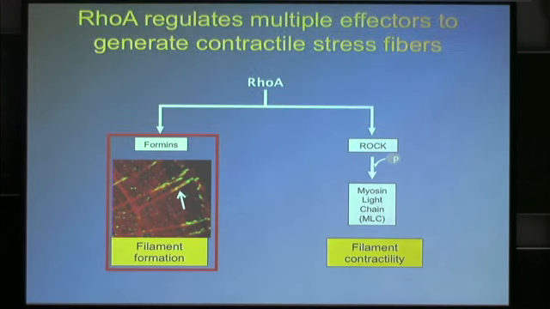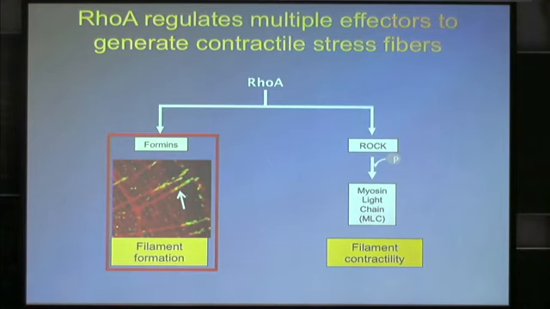Rho is known to activate those actin polymerizing formins, and they have been shown to induce actin polymerization from those dorsal fibers, right? And we know that RhoA also activates myosin light chain via Rho kinase by phosphorylation, so it induces filament contractility.